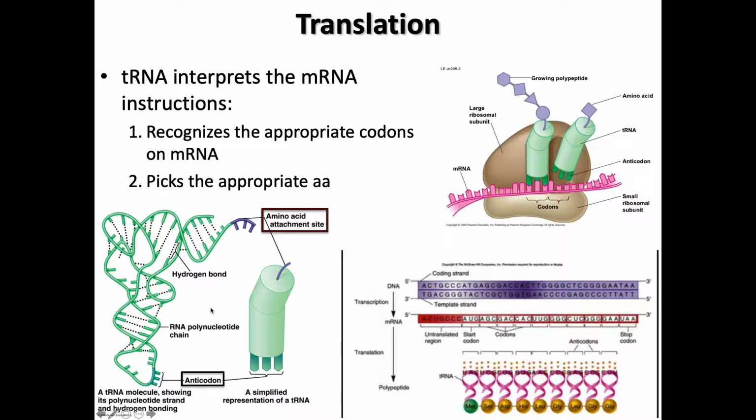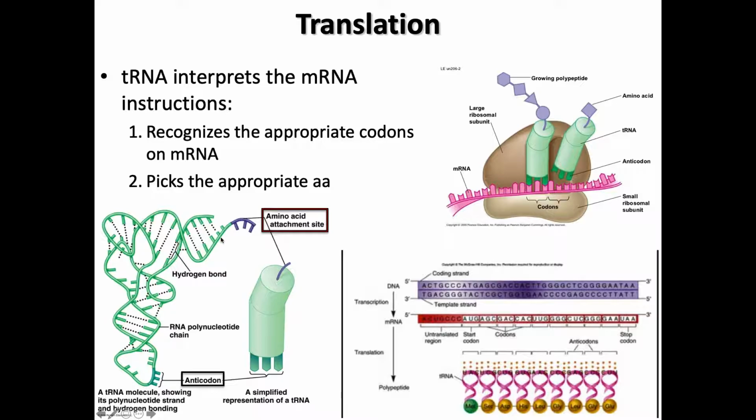So a couple of things about the structure of the tRNA. Basically, this tRNA is single-stranded, because we know RNA is single-stranded. But in some parts of the tRNA strand, you'll have some hydrogen bonding that occurs. So hydrogen bond, hydrogen bond, hydrogen bond, hydrogen bond. So it kind of folds up on itself.